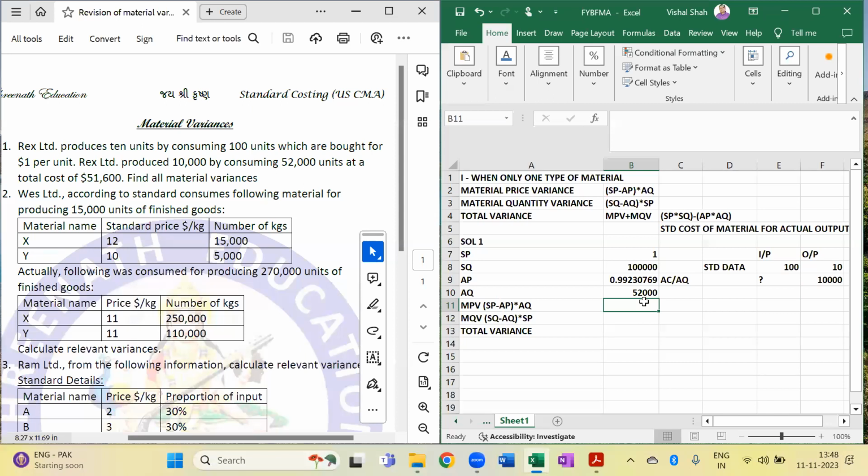What about others? Sir, it's very simple. I am applying the formula SP minus AP into AQ. It's 400 favorable.